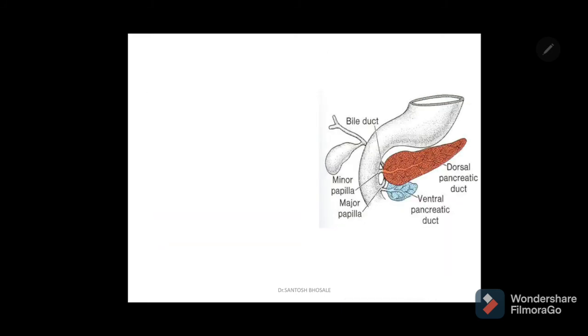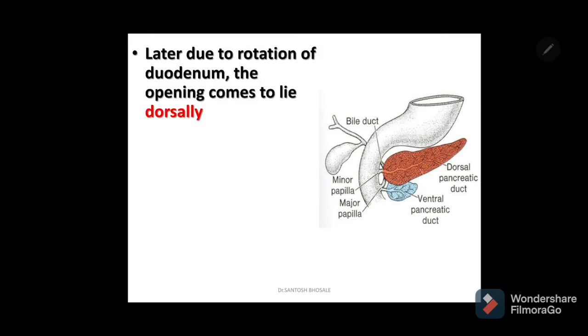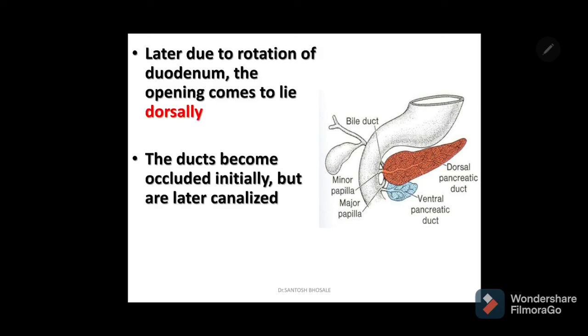The stalk connecting the hepatic and cystic duct is now called the common bile duct. It opens into the ventral aspect of the duodenum, but due to rotation of the ventral pancreatic bud along with the axial rotation of the duodenum, it opens dorsally into the second part of the duodenum.